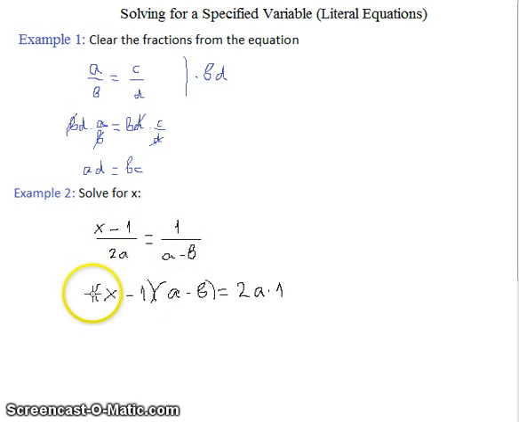Now we have to work with the left side. We have to multiply these two binomials. We could do it by applying the FOIL method. We multiply the first, outer, inner, and last terms. The product of the first terms is a times x.